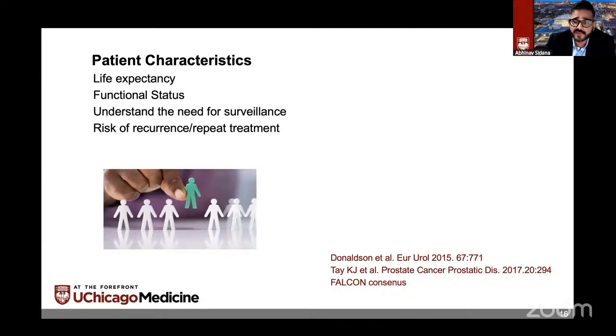They should have good functional status, which can be preserved using focal treatments. And finally, and most important, they need to understand that this treatment strategy has a slightly higher risk of recurrence, and the patients might need repeat treatment, and there is a need for lifelong surveillance.